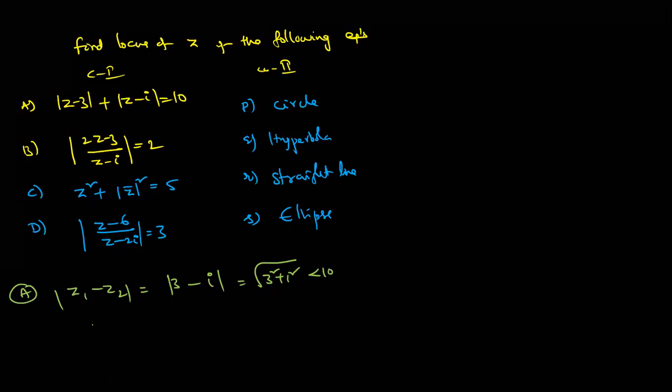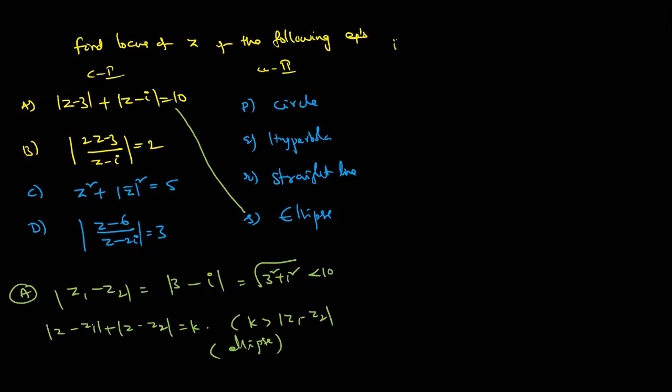This value is less than k, and k is greater than this constant, which means what? Obviously, that is an ellipse. Greater than k means hyperbola. Be careful. I'm writing it, one second. See, |z minus z1| plus |z minus z2| is equal to k. If k is greater than |z1 minus z2|, what is the case? Ellipse. So practice is required here, students.